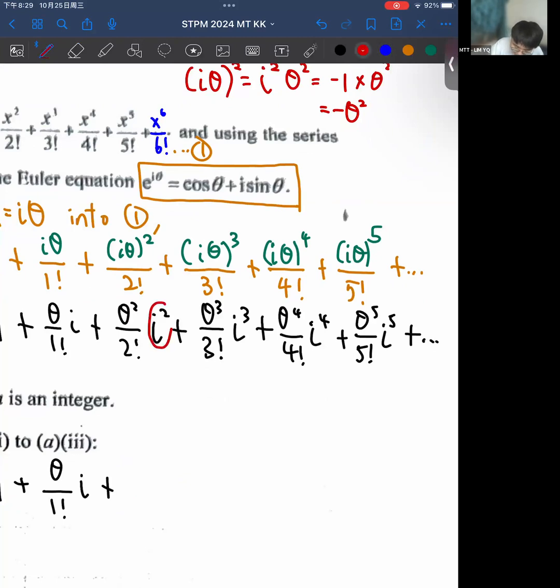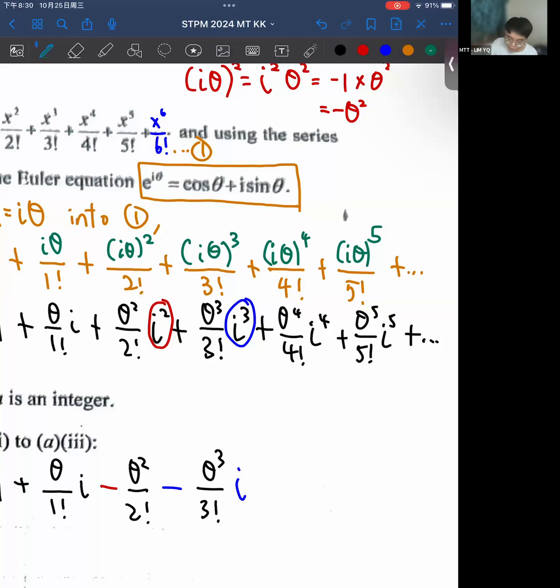Now you can see already, i squared is -1, so here it becomes minus theta squared over 2 factorial. And what is i power 3? Using the result in your part A, it is negative i. So you have minus theta power 3 over 3 factorial multiplied by i.